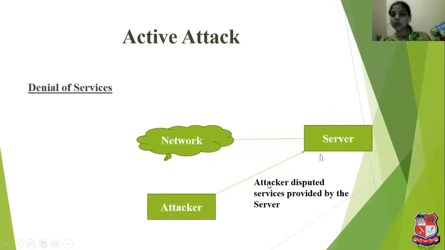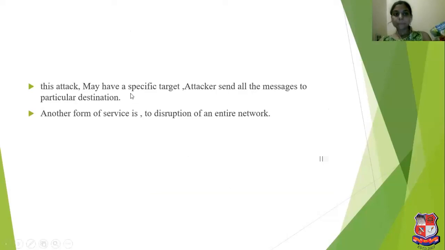So the main goal is that the attacker disrupts the services provided by the server. In DoS, the attacker has a specific target and sends all the messages to that particular destination. Another goal is to disrupt the entire network.